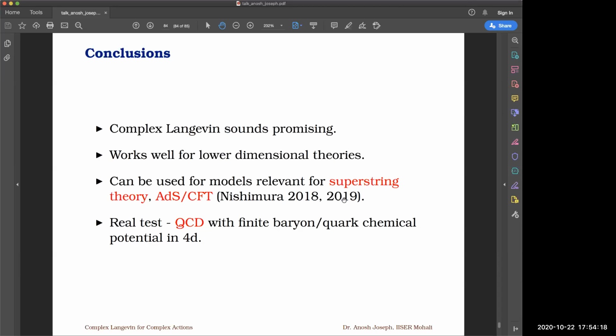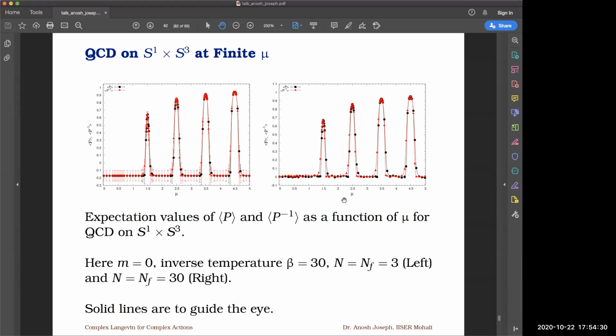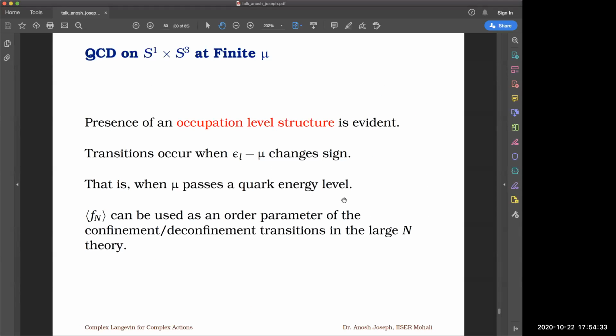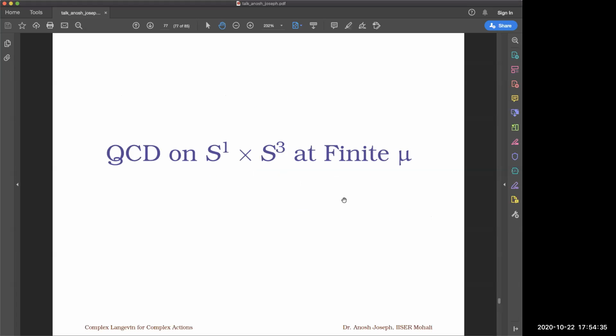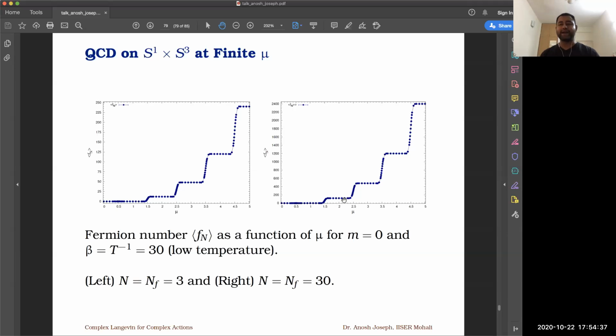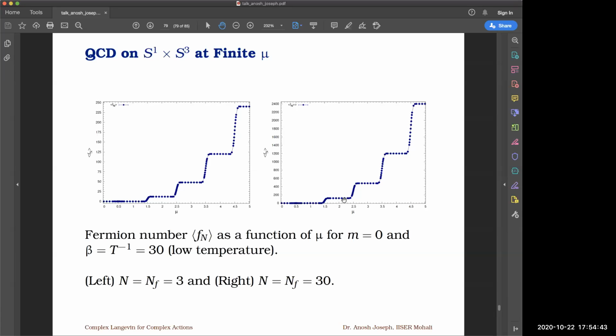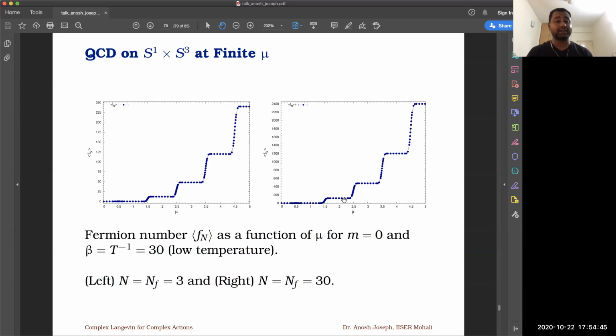Hi, Anosh, this is Debashish. Thanks for the nice overview and the talk. I would like to make a comment. If you could go back a few slides to where you were showing the Gross-Witten-Wadia transitions, this figure with the fermion number. You and Shailesh Chandrasekharan have done some nice work back in the day, and there too this type of structure is evident.